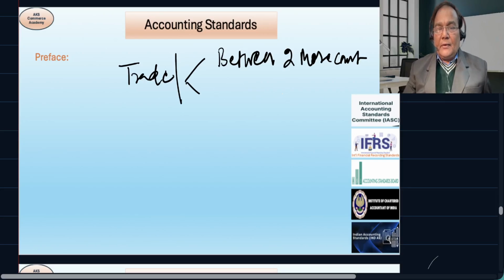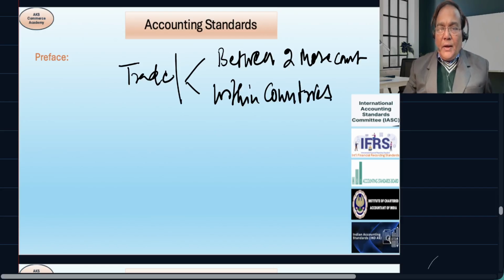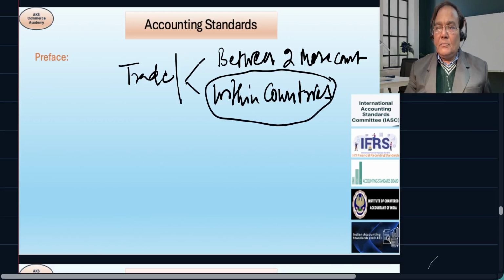So if we see here, within countries, now when it comes to trade happening within the country, there are some accounting norms which we are supposed to follow. So there is a norm, and I'll tell you all the authorities who have given guidance on this.